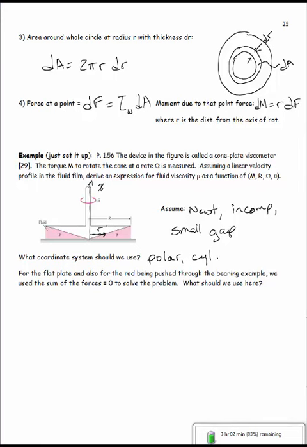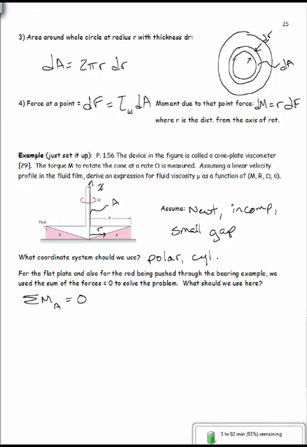So what we're going to be doing here is we're not going to be summing forces, we're going to be summing moments, right? So the sum of the moments, because it's spinning around, call this A, our axis A, that has to be 0 if it's not speeding up. So if it's at steady state, spinning at a constant speed, that's got to be 0.